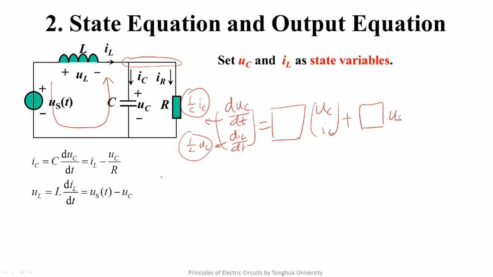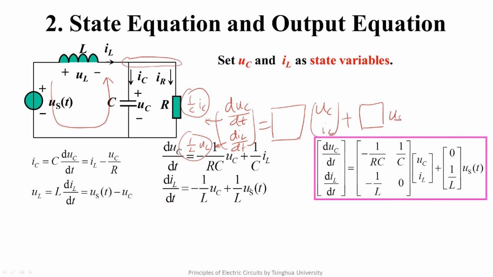Next, substitute these two expressions into the earlier ones. We can get that duc over dt and dil over dt are expressed by the linear combination of UC, IL, and US. We further arrange the equation into the form of a matrix. That's like this. We call it the state equation. Then the so-called output equation refers to that in a circuit, we set a branch variable as the output, which is expressed by the linear combination of the state variables and external excitation.